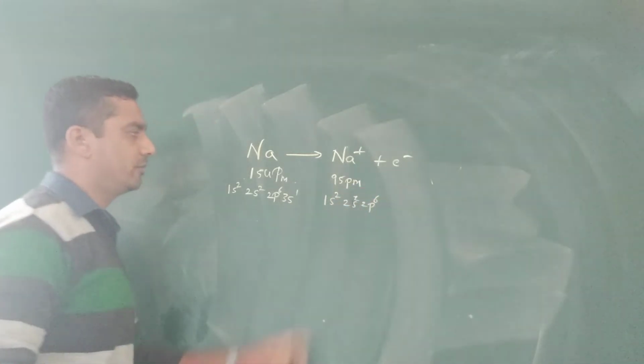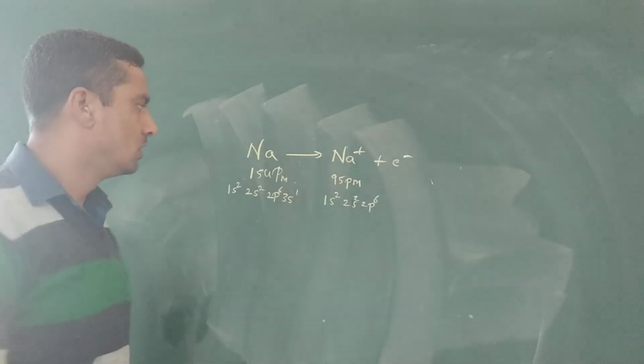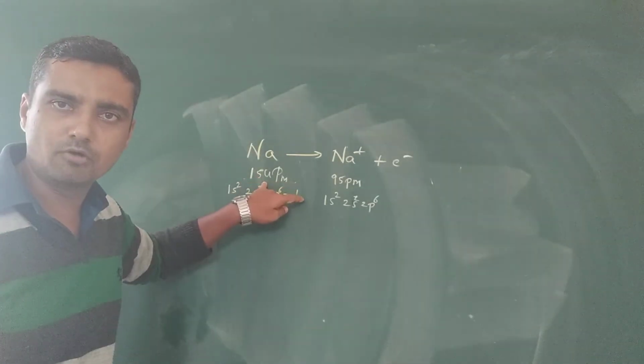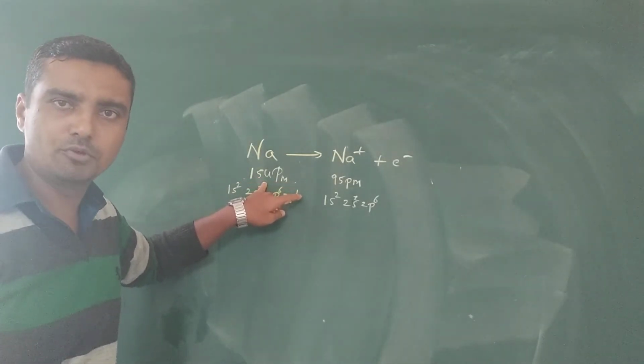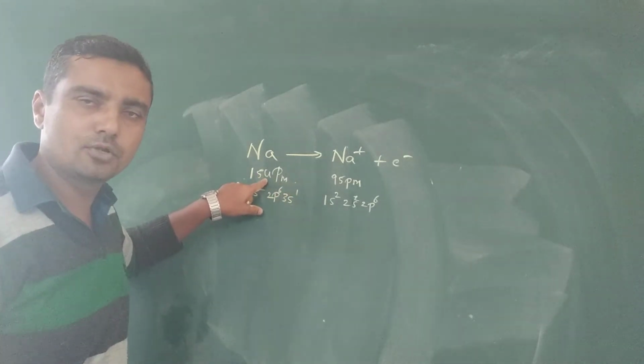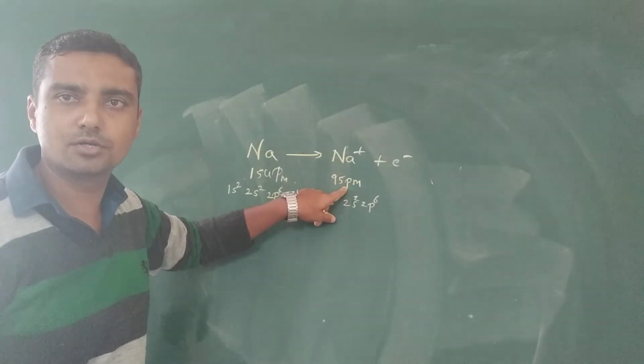After removing the electron, it acquires the configuration of the noble gas neon. Before removing the electron the size is about 154 picometer, and after removing it the size becomes 95 picometer.